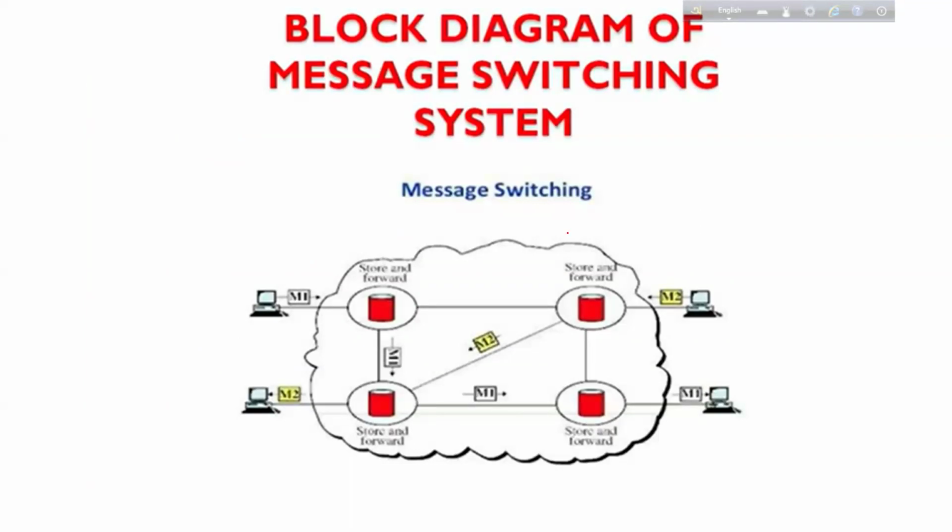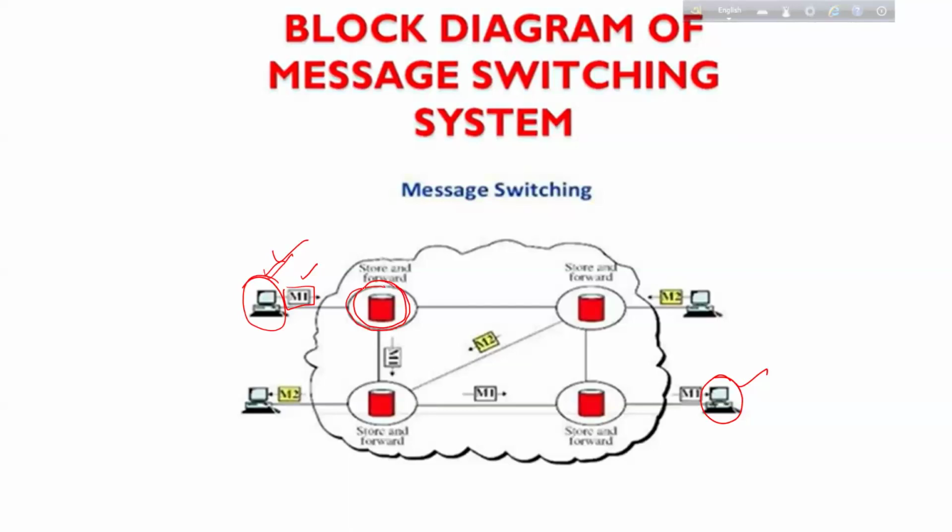Say for example, this is my source and this is my destination. From the source, I have a message M1. M1 will be transmitted from this source to some router or some intermediary point in my network.